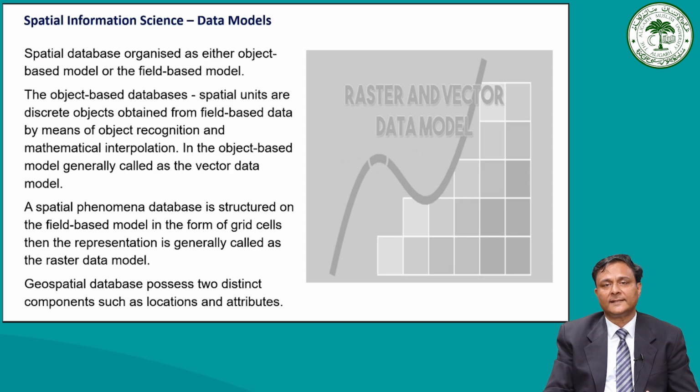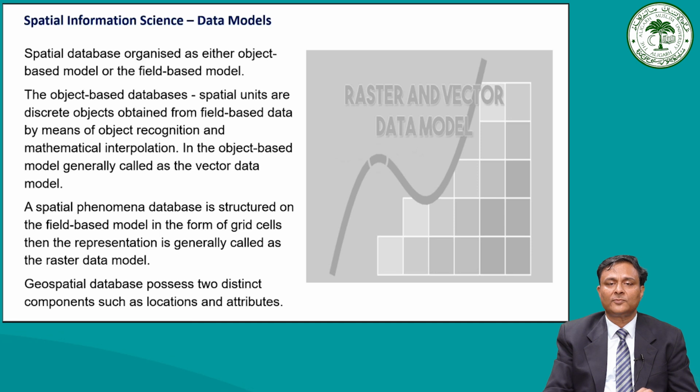So just to summarize, a spatial database may be organized as either an object-based model or a field-based model. In object-based databases, the spatial units are discrete objects, which can be obtained from field-based data by means of object recognition and, as I have mentioned earlier, mathematical interpolation.